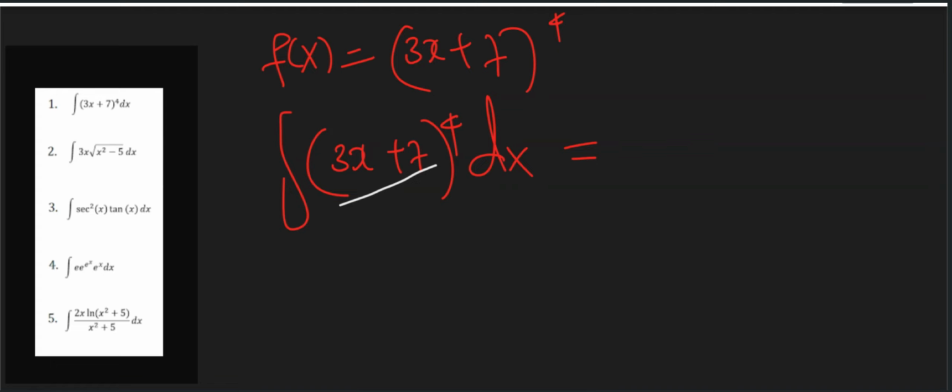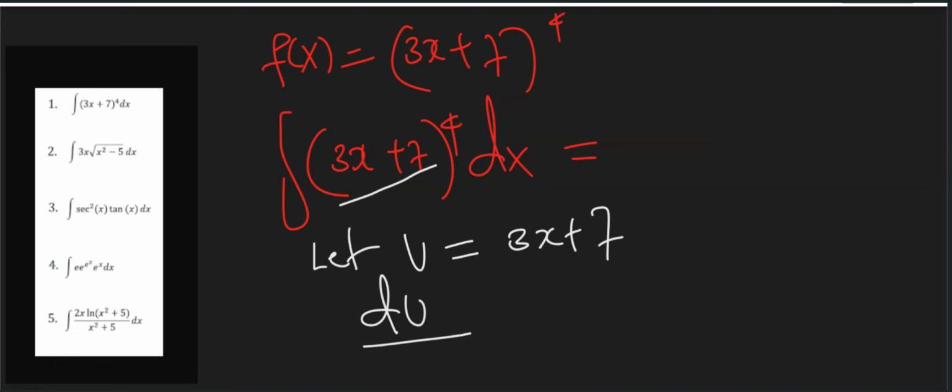So we say let u be 3x plus 7. That goes without saying that du over dx will be given by the differentiation of 3x plus 7, which is 3.